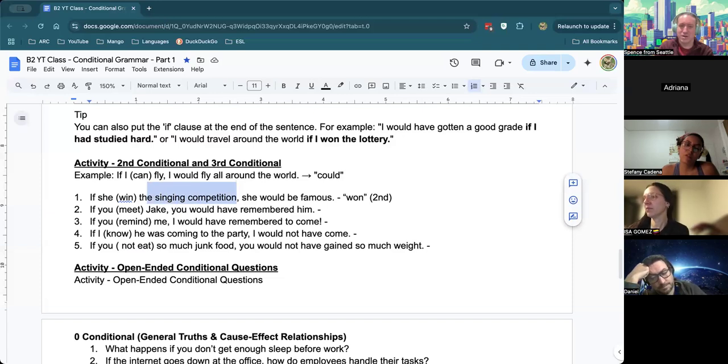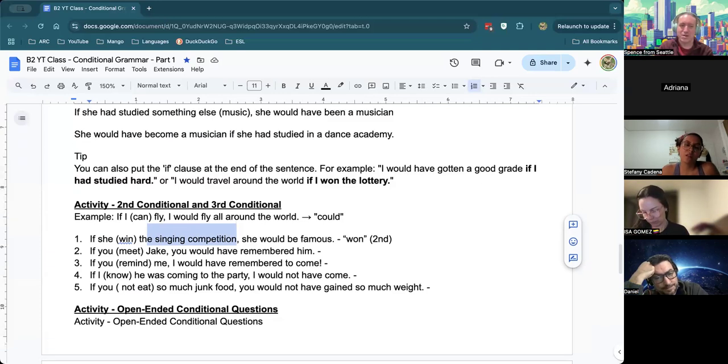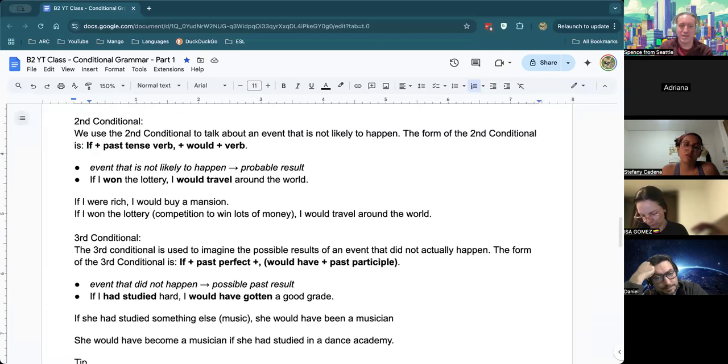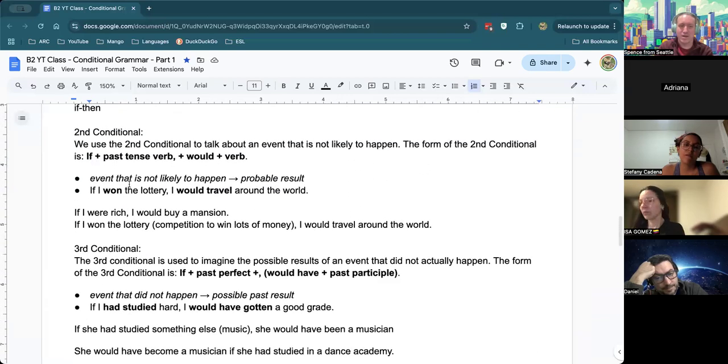And so if she won, which she's unlikely to do, she would be famous. Okay. So if we look at the format here, if I won the lottery, we're talking about the future. I would travel the world, the probable result. Okay.